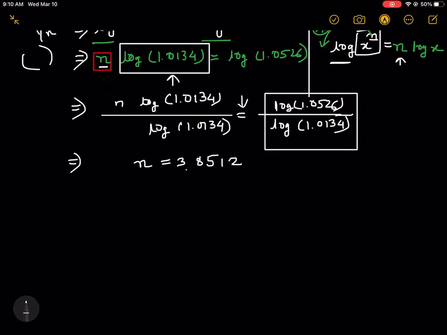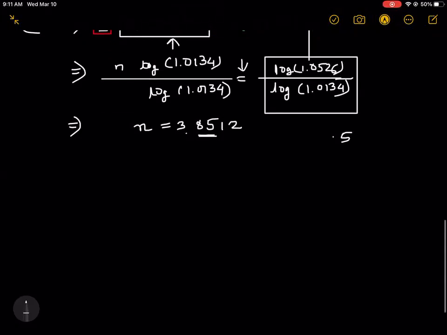So what would be the closest whole number of this? We have 3.85 here. So after the decimal, we can see it's more than half, right? More than 0.5. It's more than 3.5, right? So what would be the closest? We are trying to round it, because the question actually wants us to find the year.